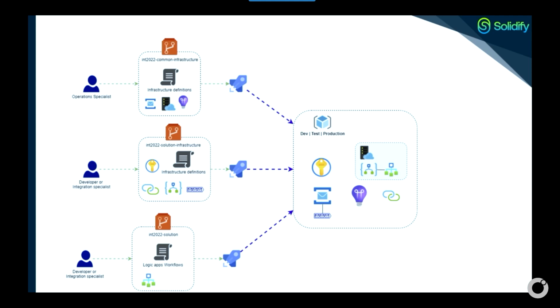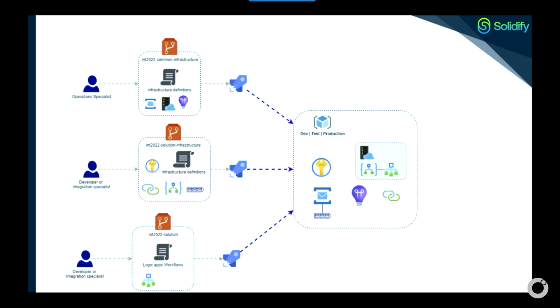Also, I have the managed connectors, so I want to create the connections there. I have the Logic App itself. And I create my queues. The solution uses some queues in the Service Bus, and I consider these queues part of my solution. And with Bicep, I will add them to the Service Bus namespace.